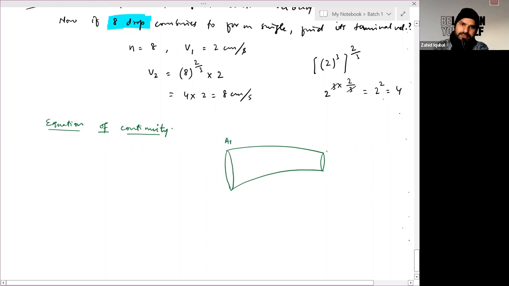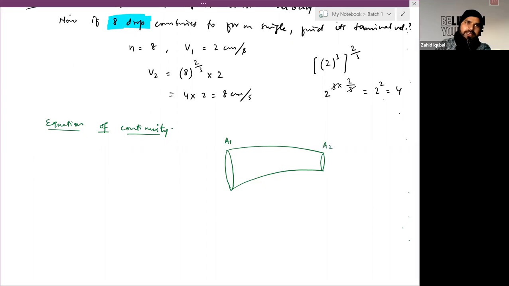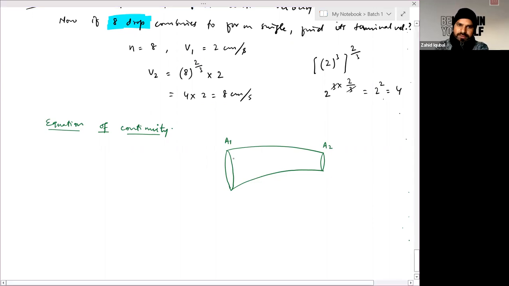Area of this cross-section is A1, area of this is A2, in which incompressible and non-viscous liquid is flowing. Let's say velocity of each layer at this instant is V1, since there is no viscosity, and this velocity of each layer is V2.